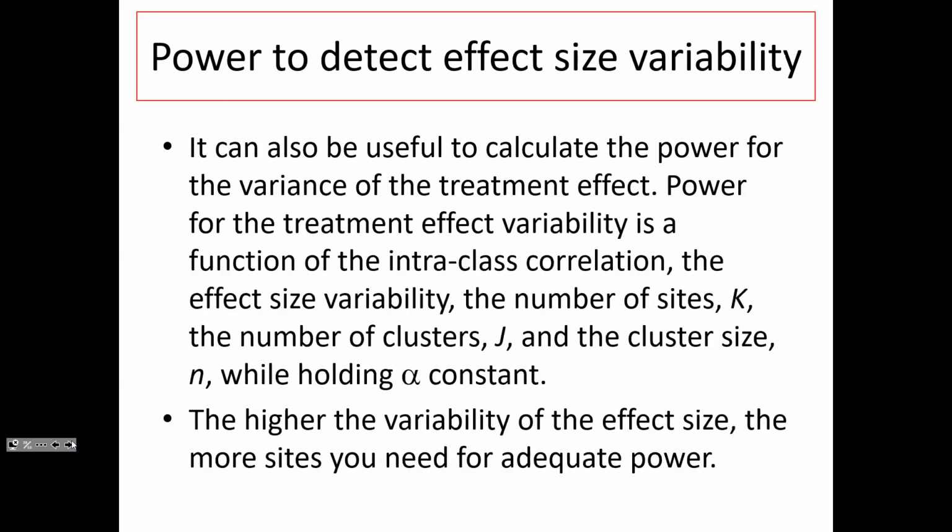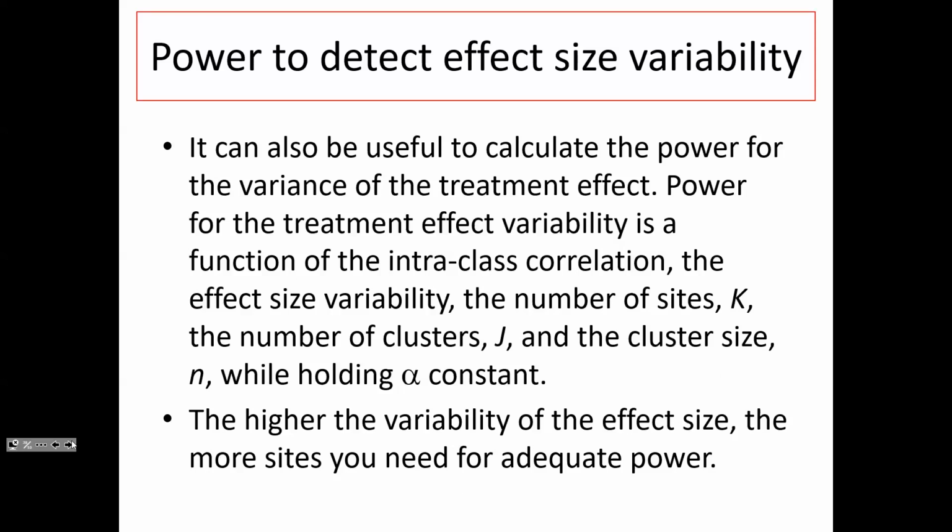Again, it can also be useful to calculate the power for the variance of the treatment effect. If you're thinking about moderation, if you're thinking about whether this treatment works differently in different places, then you're really talking about treatment effect variability. And if you want to use moderators to explain why treatments work better in some places than others, then you're making the assumption that there is variability in the treatment effect.